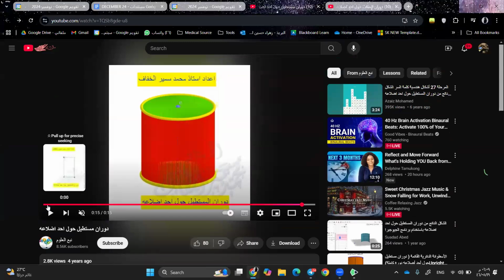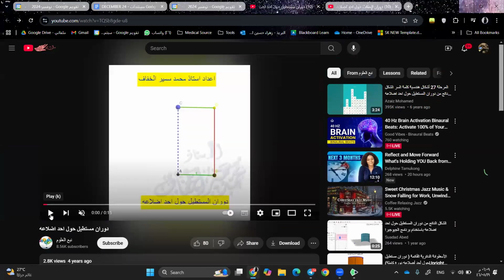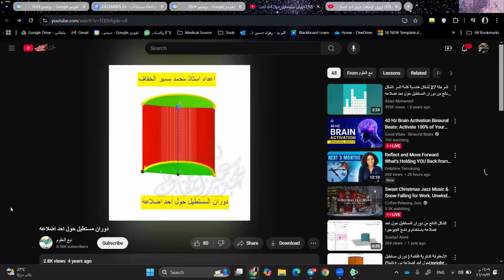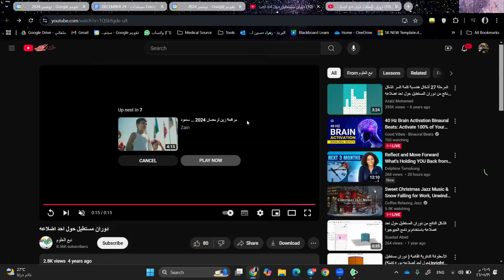A rectangle, when it has a full rotation around itself, or a full cycle rotation, it's going to be like that. See the video? So this is a rectangle, and when it's rotated, it's going to be a cylinder. Okay?